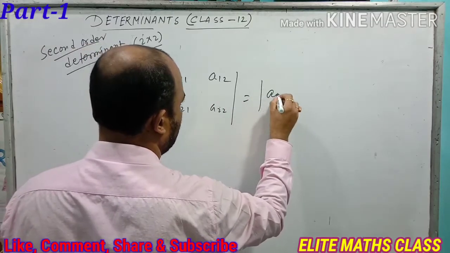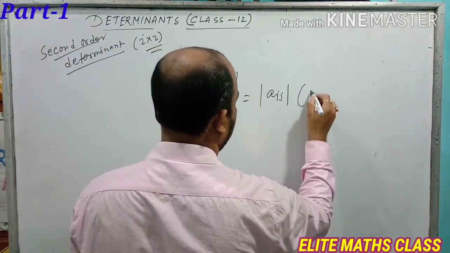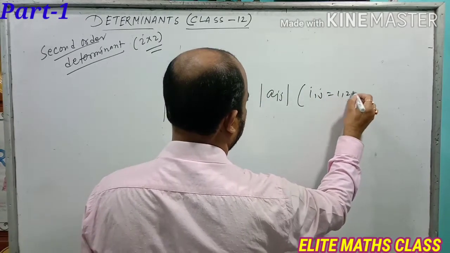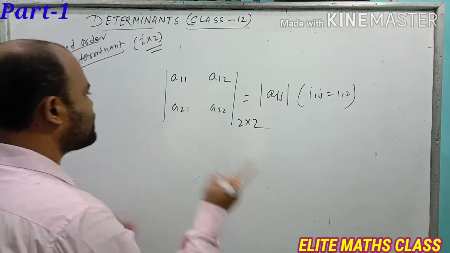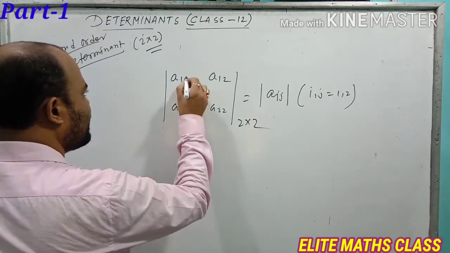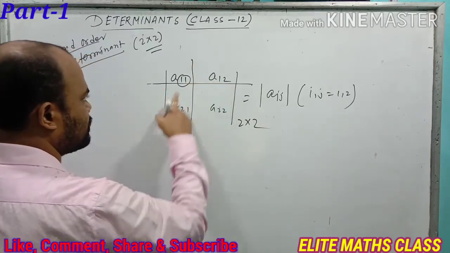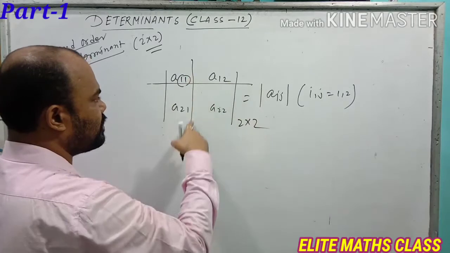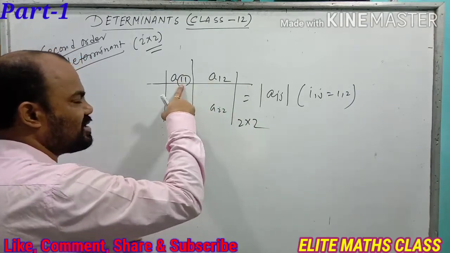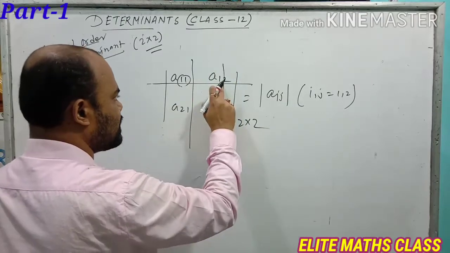It is in short written as determinant of Aij, where i, j equal to 1, 2, as it is of order 2 by 2. Now see, again I am explaining why it is written as 11. This one is first row first column, so this element lies at the intersecting point of first row and first column, so it is written as A11. It is first row second column, so it is A12.